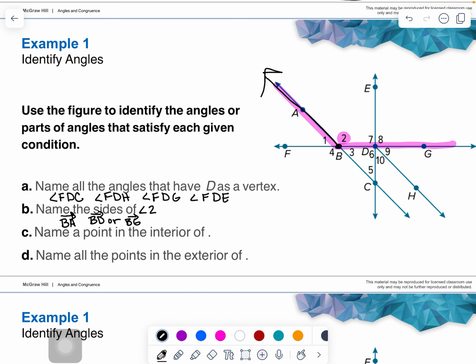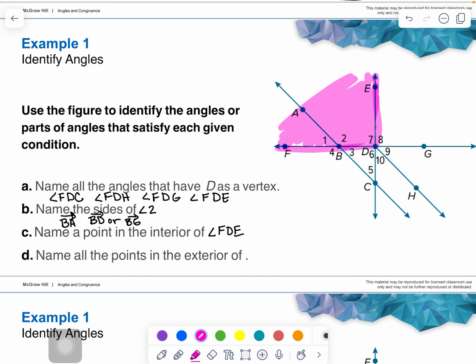Next one, name a point in the interior of angle FDE. So let's erase what I was working on over here. Name a point in the interior of FDE. So we're going to trace that FDE. Interiors are always less than 180, so that would be over here.